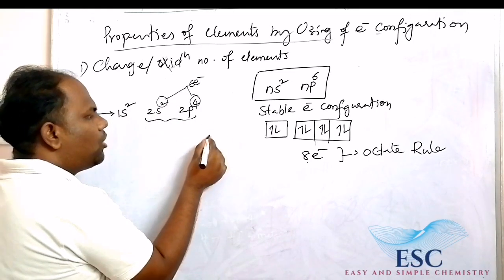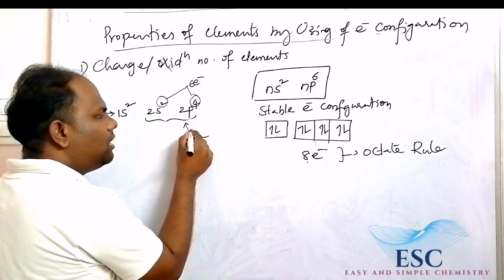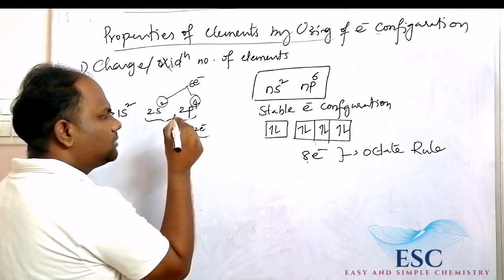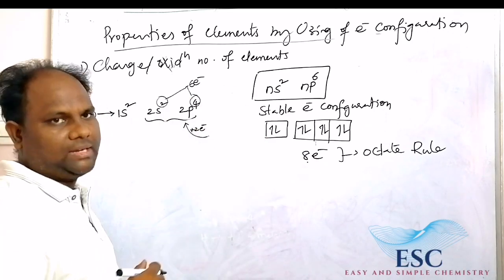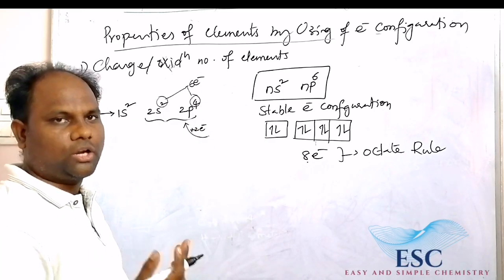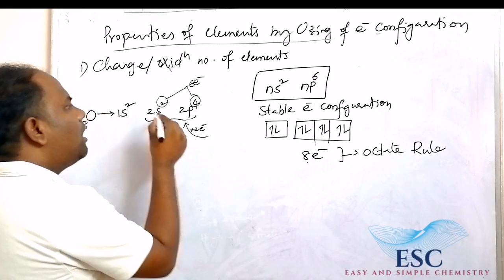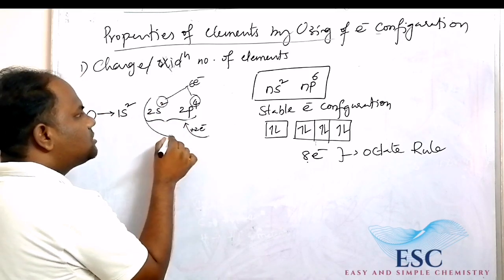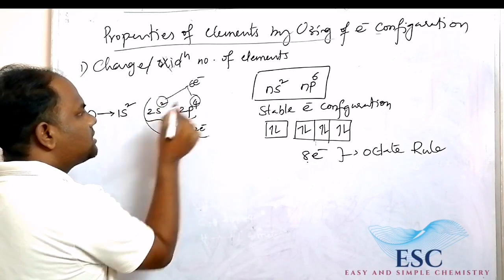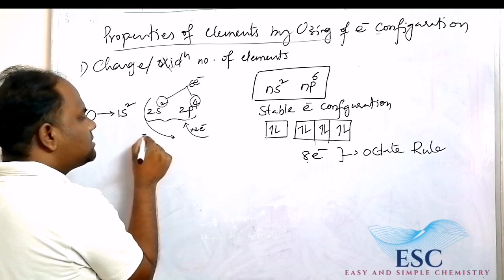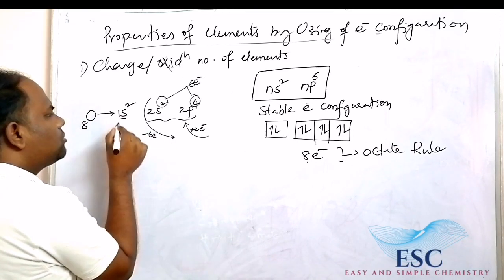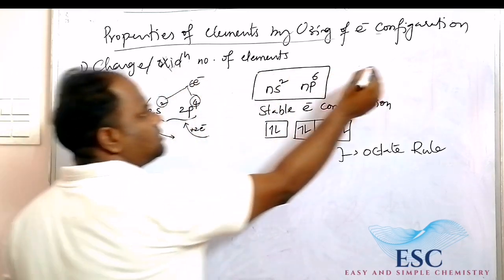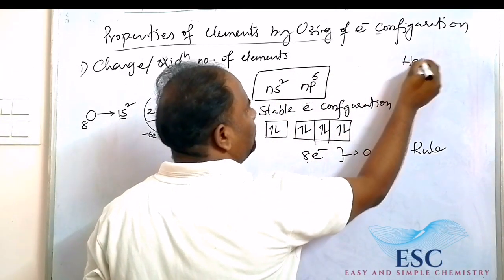It requires 2 more electrons to become stable. 6 plus 2 electrons shows the 8-electron configuration, the octet rule, and it becomes stable. Or, by removing these 6 electrons, 2 plus 6, it will show the 1s2 configuration, which is also the helium configuration.